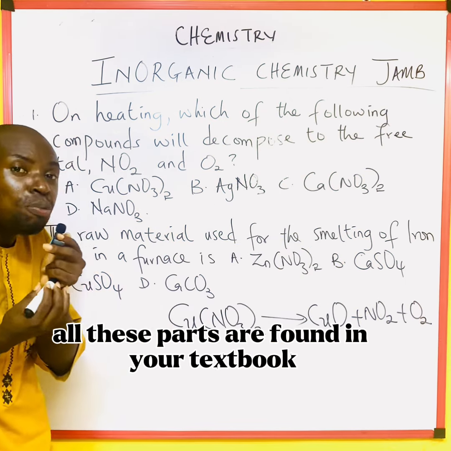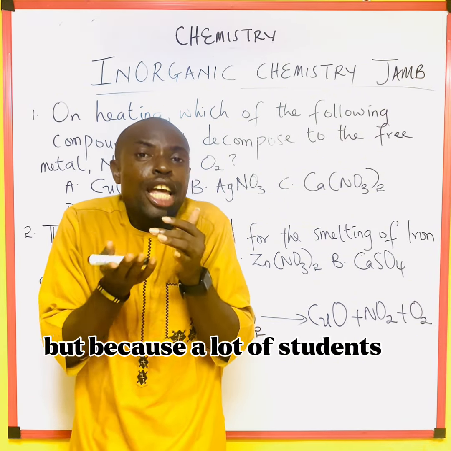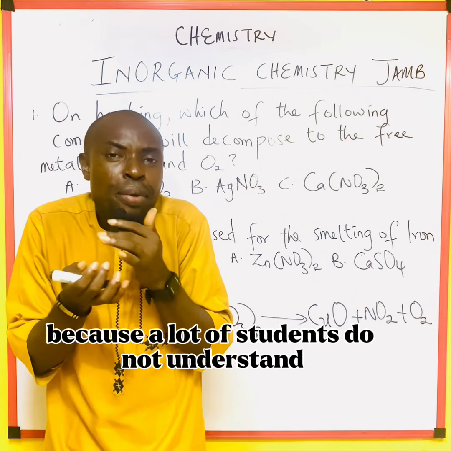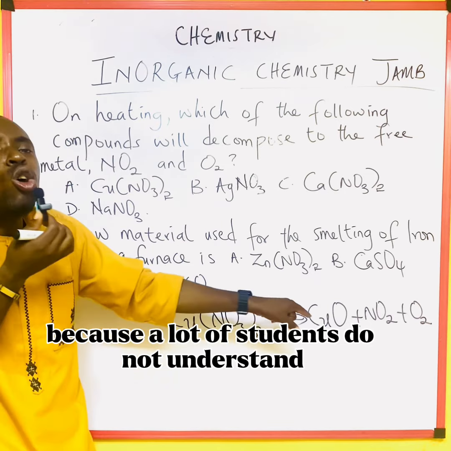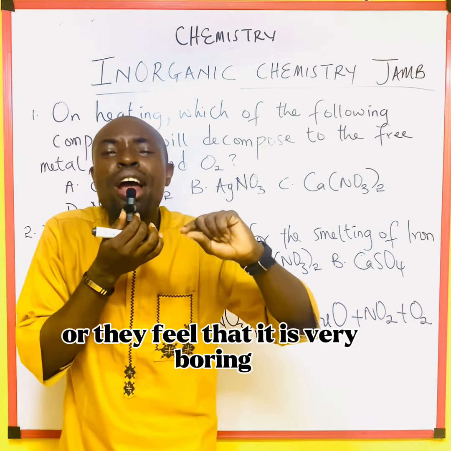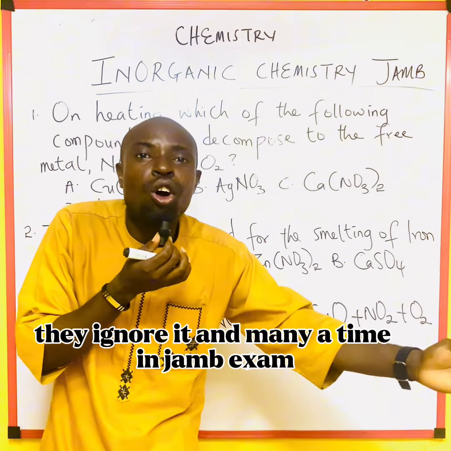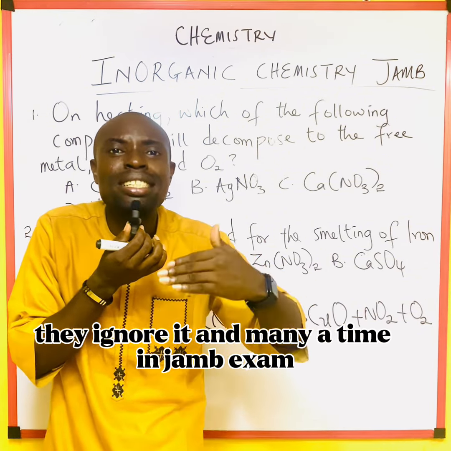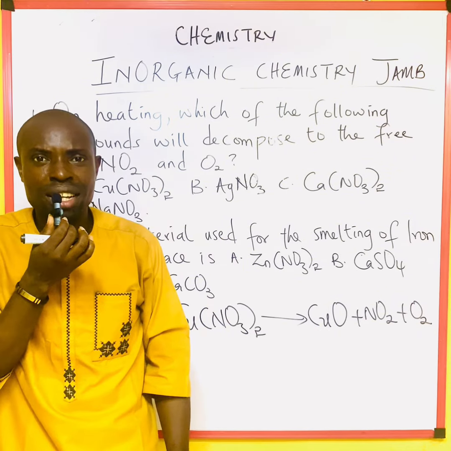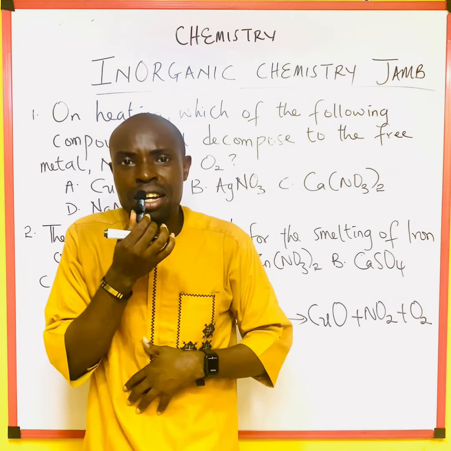Take note, all these parts are found in your textbook, but because a lot of students do not understand, or feel that it is very boring, for reasons best known to them, they ignore it. And many a time in JAMB and O-level exams, it is what you ignore that you see. That is why I always urge students to get in touch with their textbook.